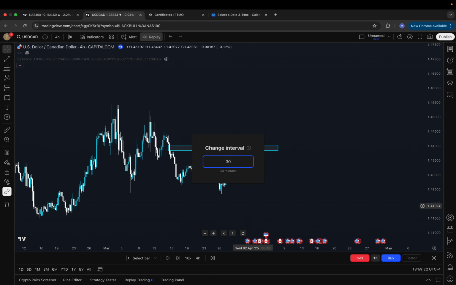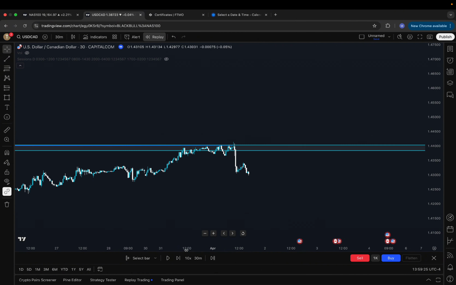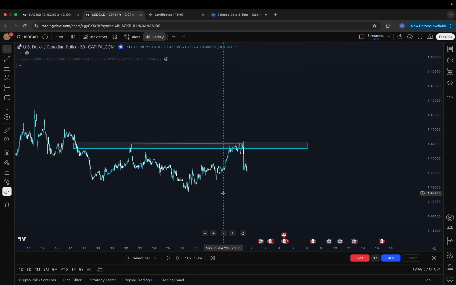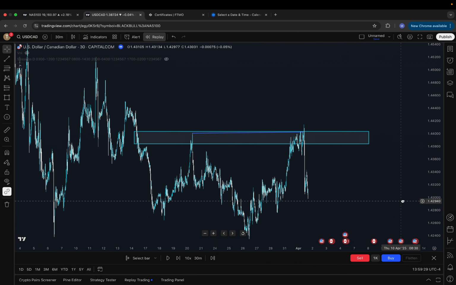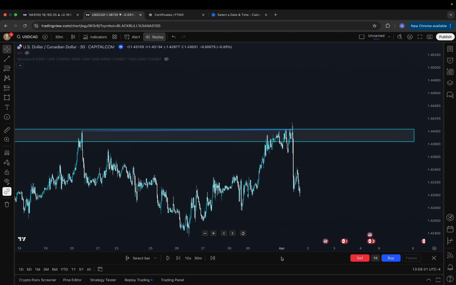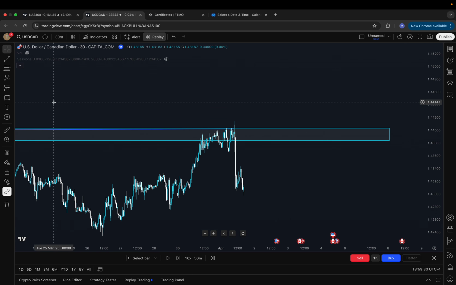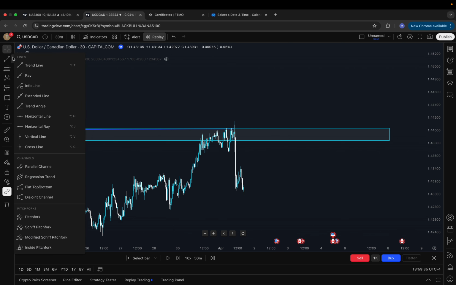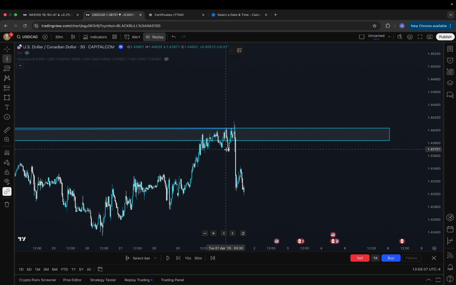So dropping down to the 30 minutes time frame, what we're going to do next is mark out our trade hours, our trading window. So if I go ahead and mark out, which is 8:30 till 1:30. So 8:30 is right here, and we got our 1:30 window right here.